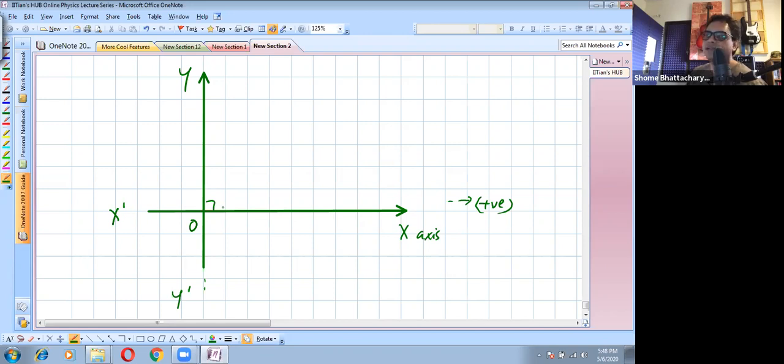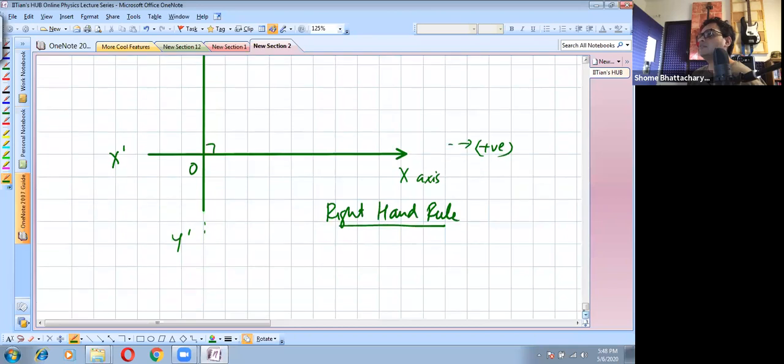For that, we use what is called the right hand palm rule. Now the right hand palm rule is like this, or what we call simply the right hand rule. You use your right hand palm such that you stretch your thumb along the positive x-axis.